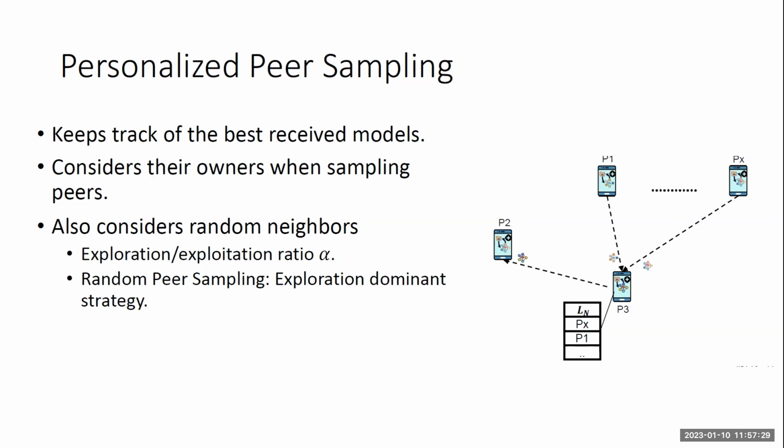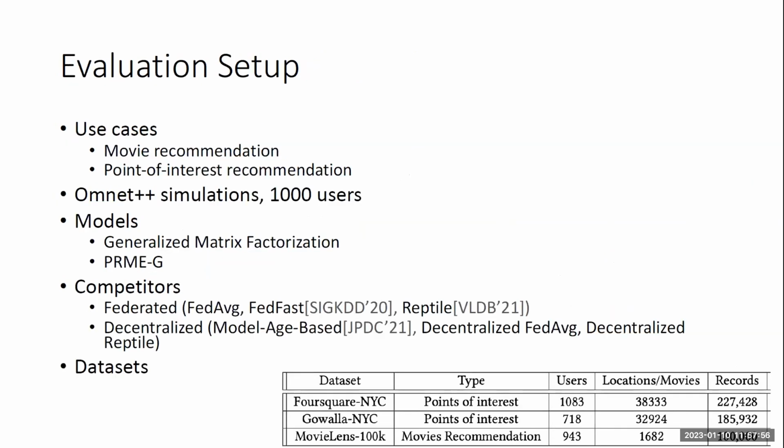So if alpha is high, it means that I would like to explore more. It means that I would like to change my neighborhood much more. And instead, in the other extreme case of the spectrum, I would keep a static graph. So this is the parameter of the system.